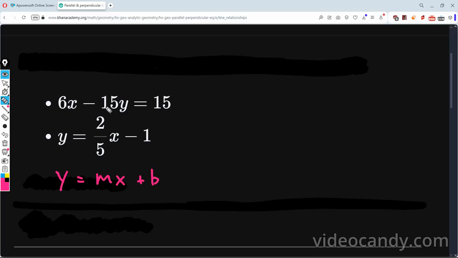Okay, so we can't really do that multiplication trick to see if one is a multiple of the other. But we can easily find the slope of this one. We know that the slope m is the number that's times x. So clearly in this one here, the slope is going to be 2/5. All right, and now we just have to find the slope of this line and compare.